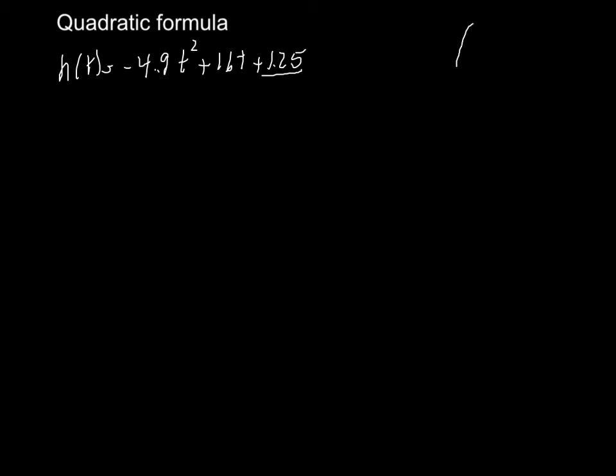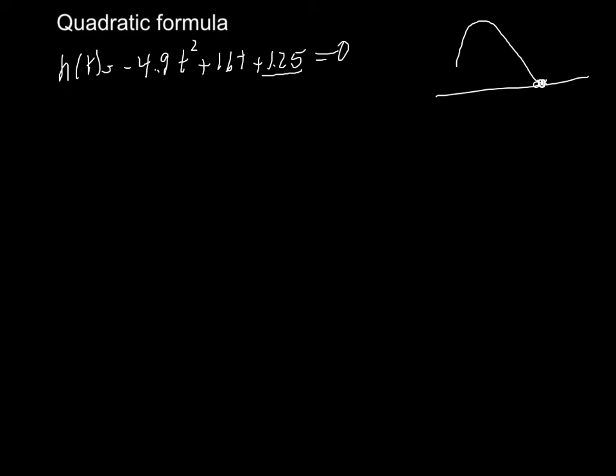This is the rocket. It goes up and it goes down, and it hits the ground here. It is obvious when it hits the ground, h of t is equal to 0. So we have to solve the equation negative 4.9 t squared plus 16t plus 1.25 equal to 0.